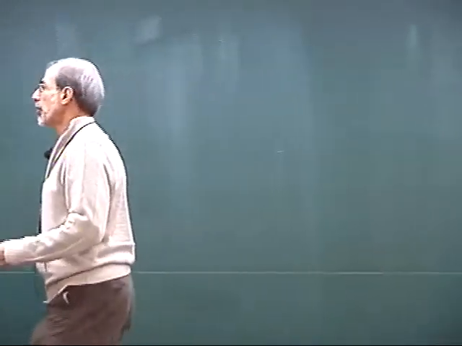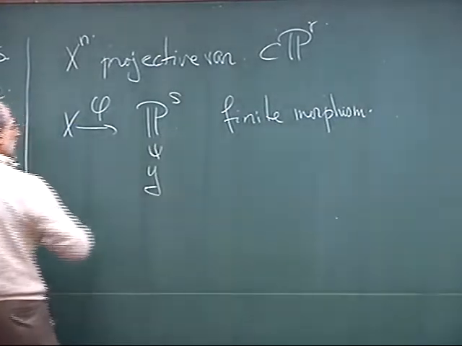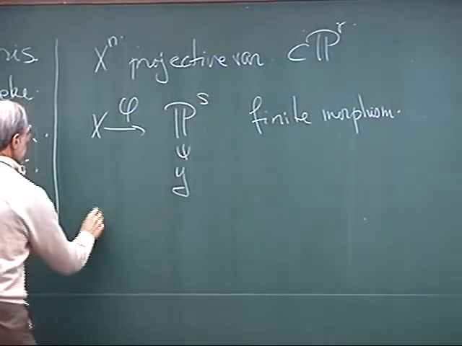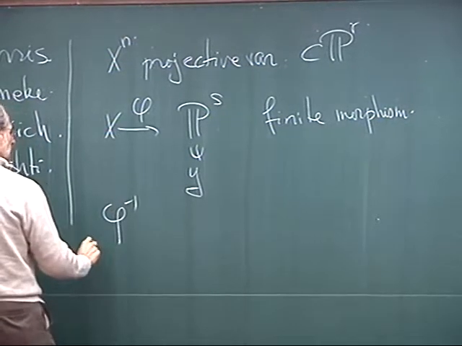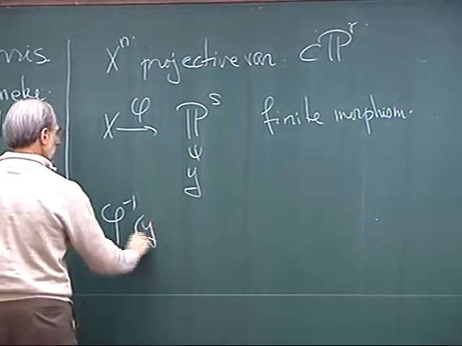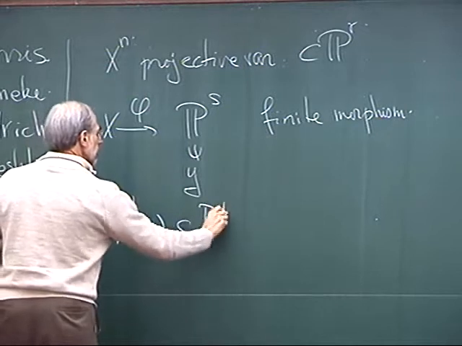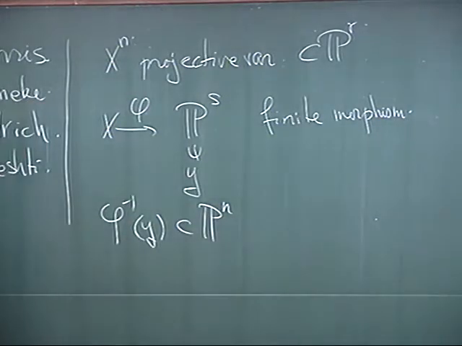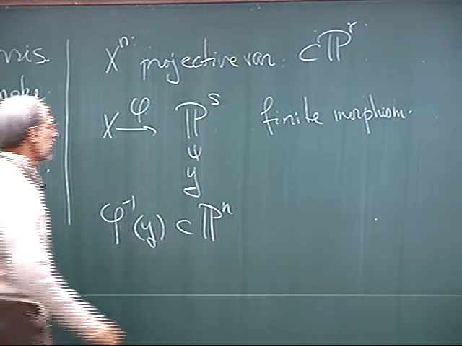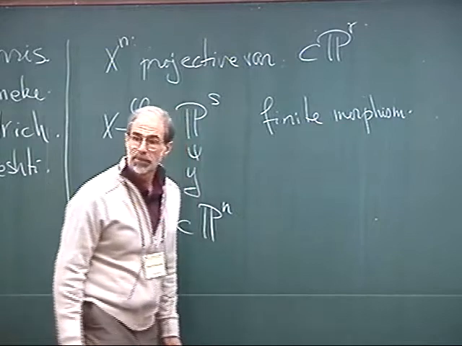So the fiber of such a morphism, if I take y in P^S, then the fiber, that means the scheme phi inverse of y, since it's a projective scheme, it has a Castelnuovo-Mumford regularity, and I'd like to know something about that. Excuse me?